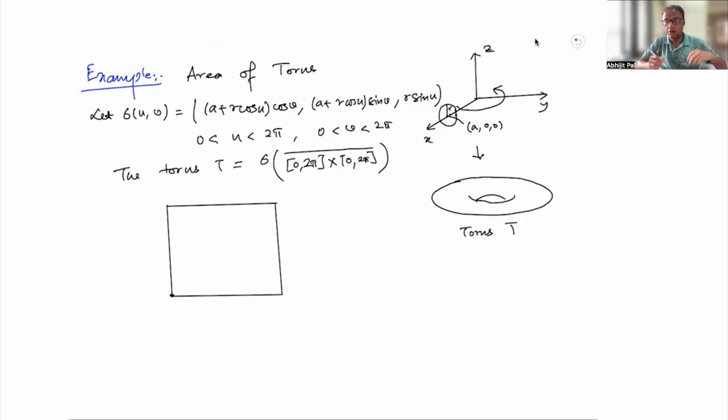This vertex is (0, 0), this vertex is (2 pi, 0), this vertex is (2 pi, 2 pi), and this vertex is (0, 2 pi).